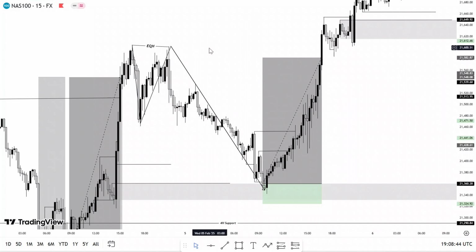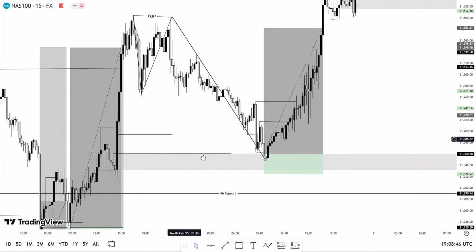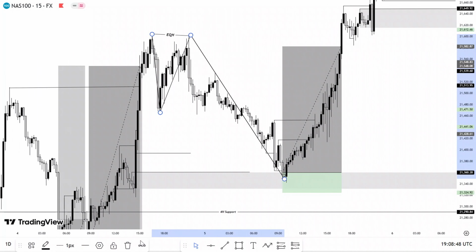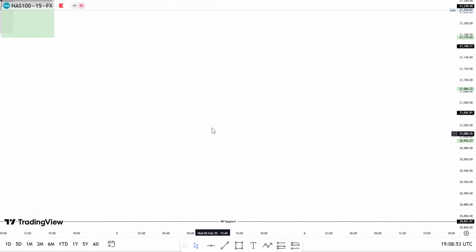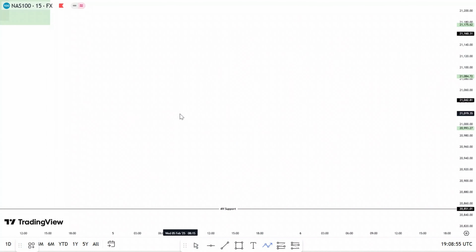Now let me draw it in a way that you guys can actually understand it to implement it on the chart, right? Let me draw them separately. First, we have the uptrend liquidity.